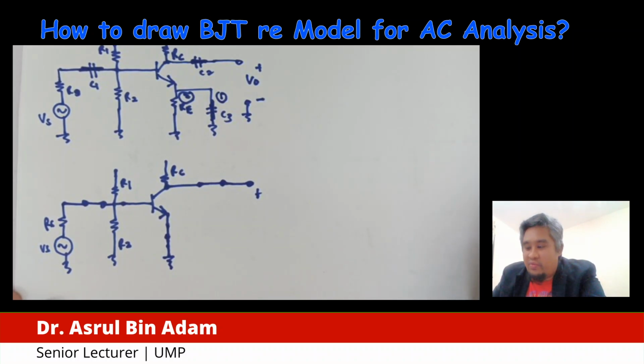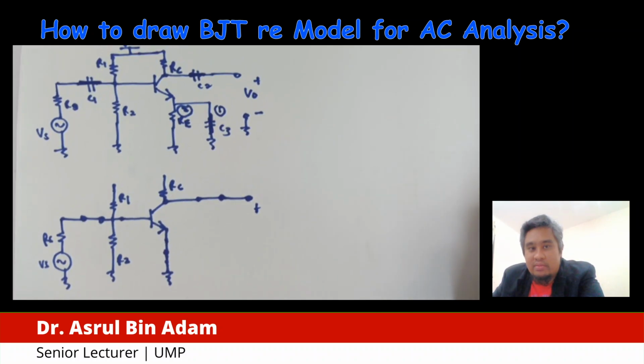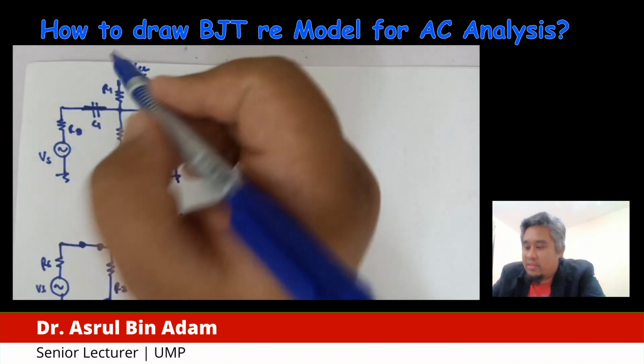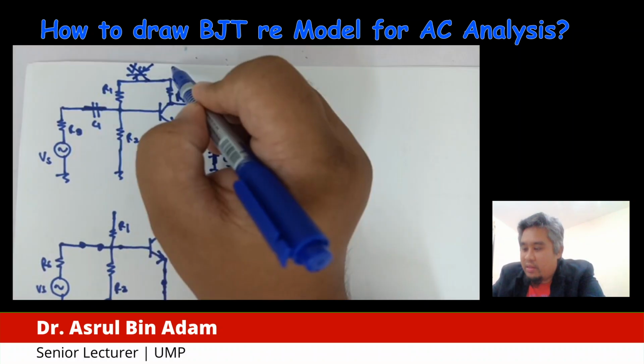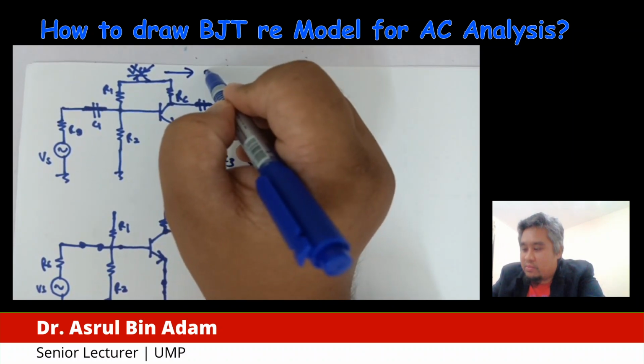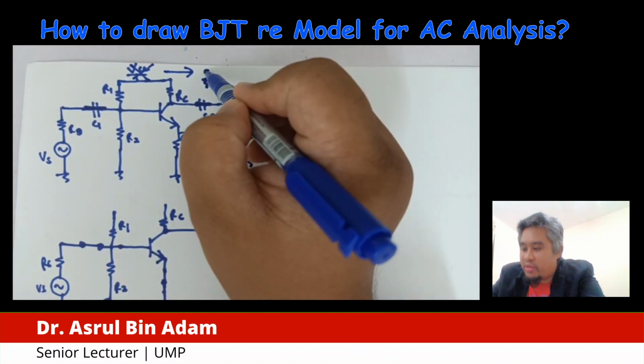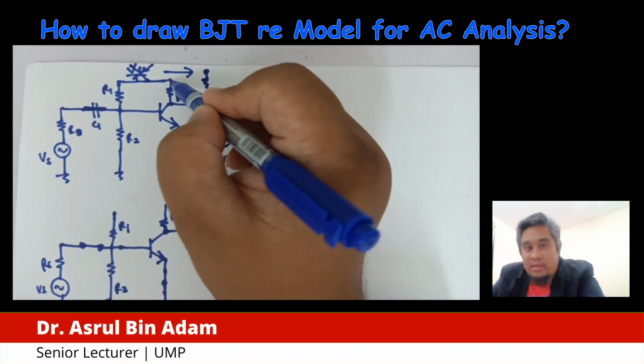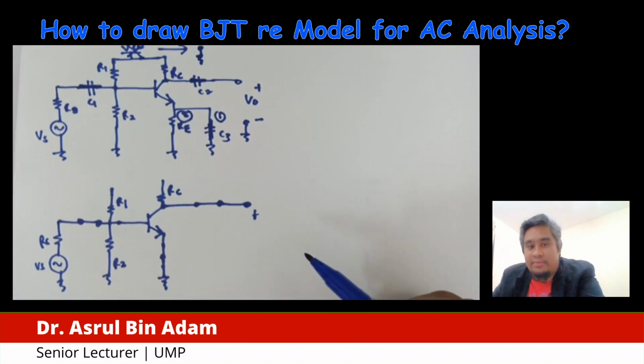Okay, next, we finish the capacitor, the first step. The next step is we have to remove the VCC and replace the VCC with ground. In this original circuit, we remove the VCC and replace it with ground, meaning this point connected to R1 and then to RC.